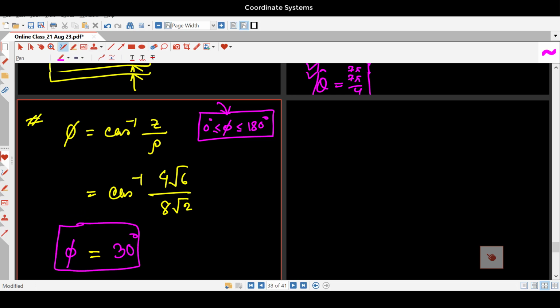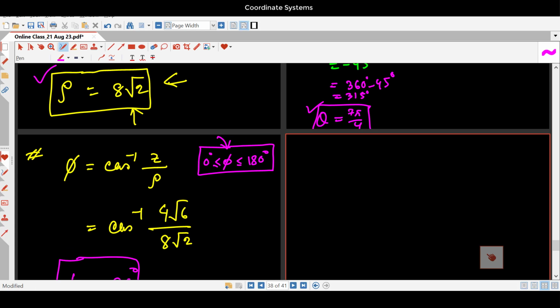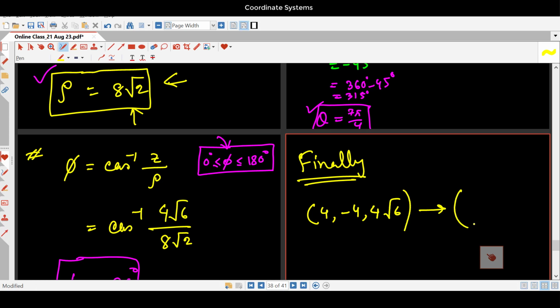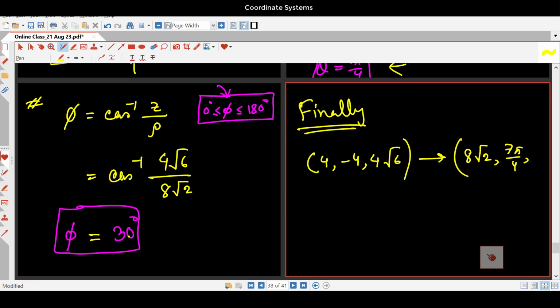So finally we can say that the point that we had previously, (4, -4, 4 root over 6), has now been converted to rho, theta, phi, that is rho is 8 root over 2, theta is 7 pi over 4, and phi is 30 degree.